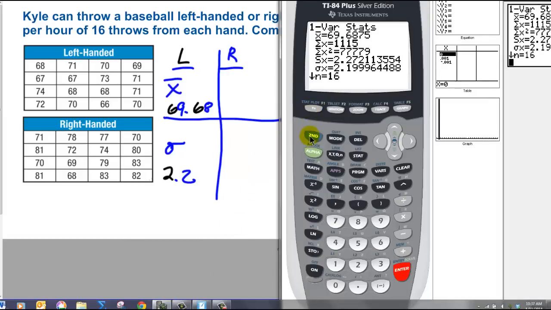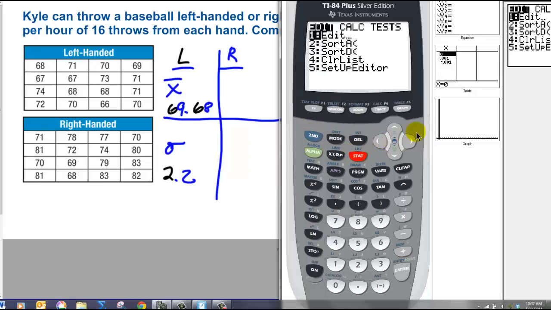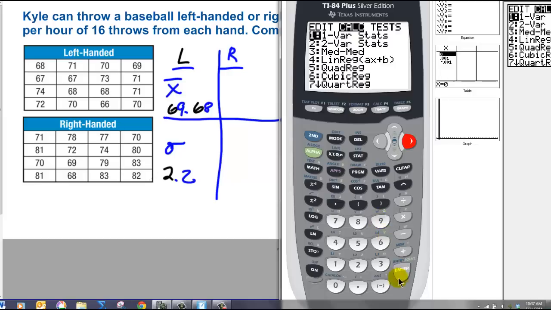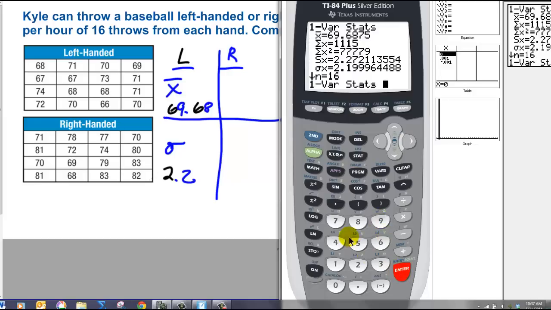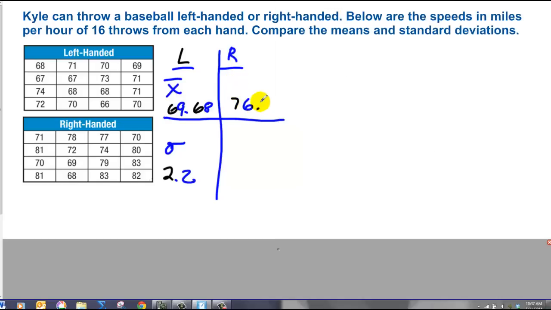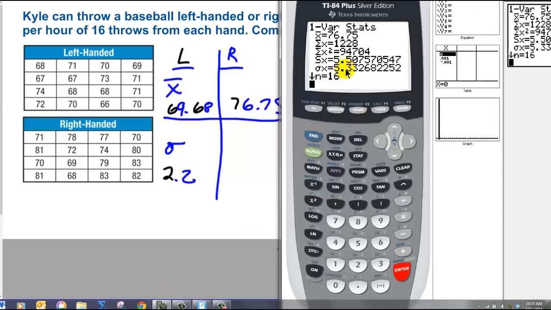We'll quit out of this, go Stat, calculate, again one variable statistics, but in this case we're going to do it for L2, second L2, hit enter, and in this case we get an average of 76.75. Take a look at the standard deviation. It's about 5.33.